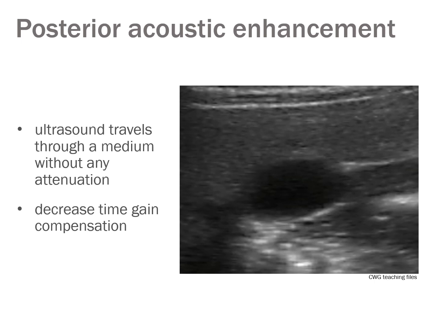Posterior acoustic enhancement. As the sound travels through all of these tissues, some of it is going to go through the fluid, and some of it is going beside where the fluid is. By the time it gets down all the way to this level, these sound lines have not been attenuated as much, so they have more amplitude, and therefore they come back as a brighter echogenicity below this fluid-filled structure.